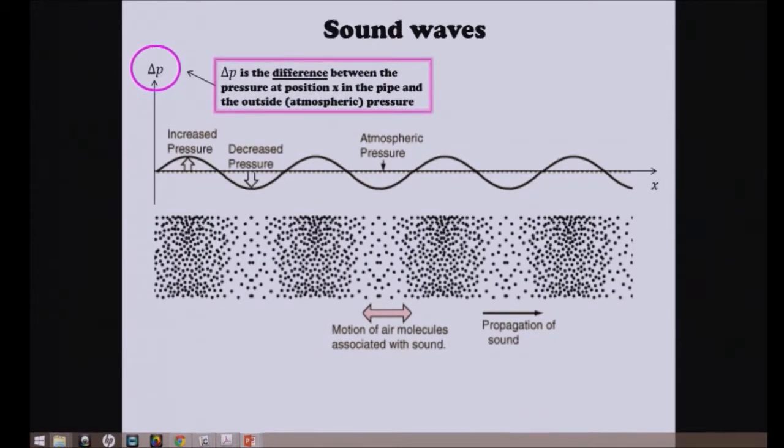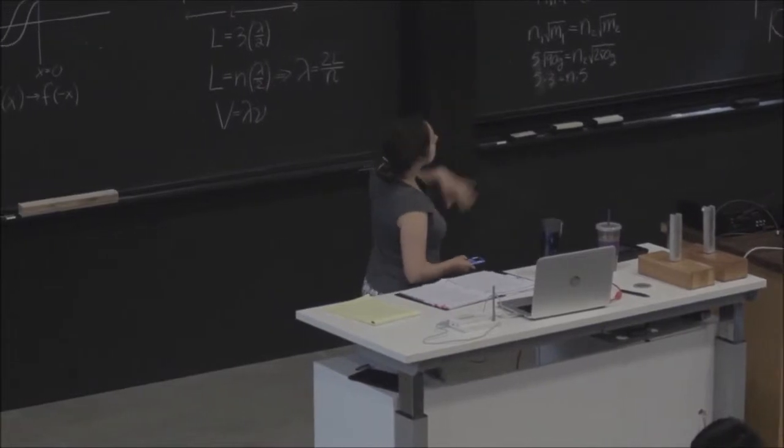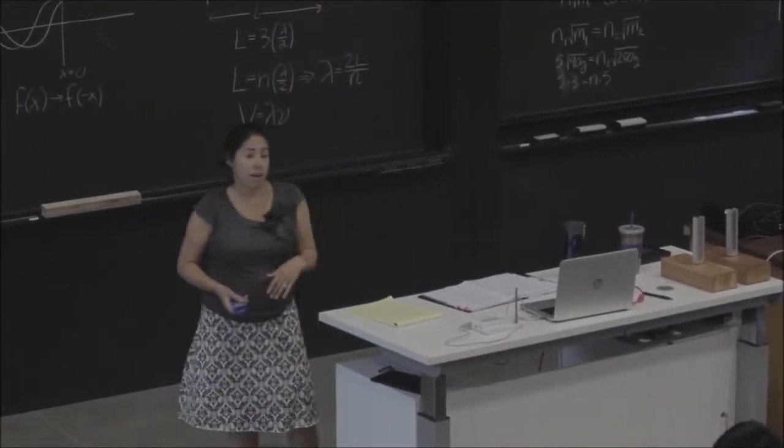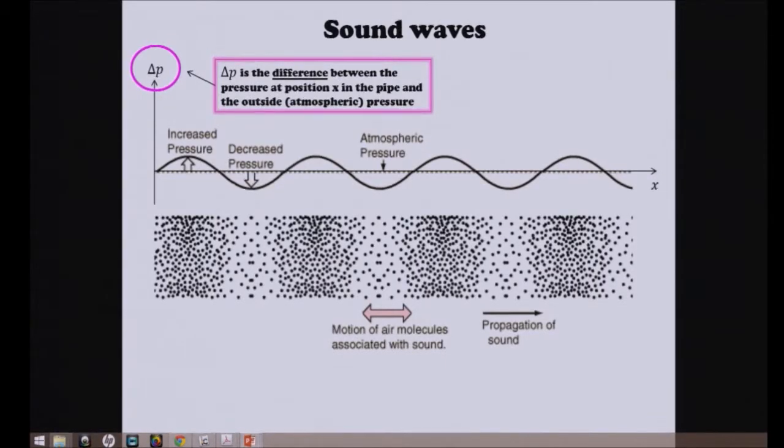All the waves we've been talking about are traveling in a medium. The medium for these sound waves, in this case, is air. How fast these things travel, I'm not going to derive for you.